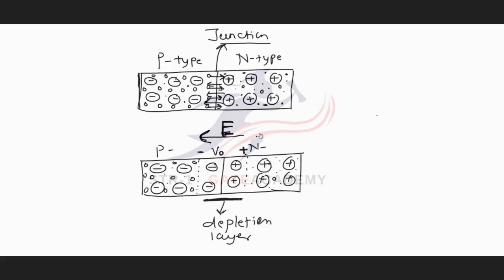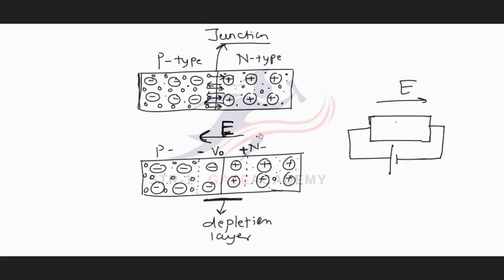Now, suppose this is a material in which we have applied an electric field. Holes will move in the direction of the electric field, while electrons will move in the opposite direction. This will be the direction of charge carriers on the application of an electric field.